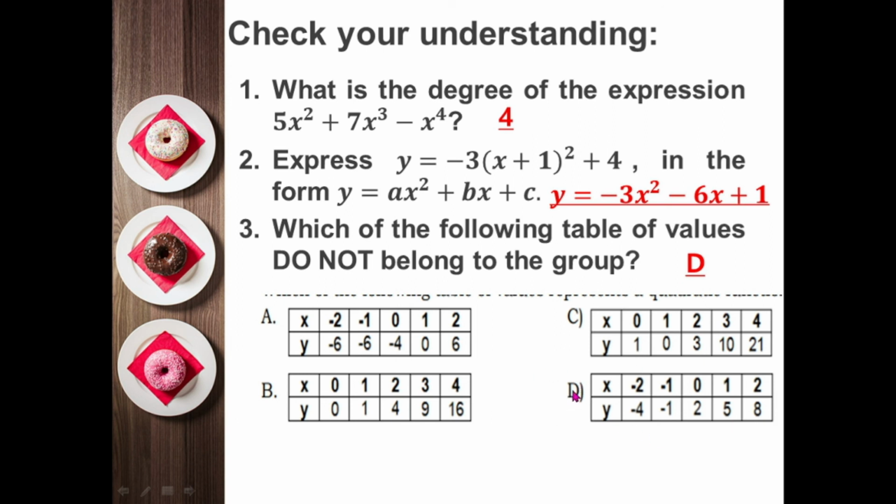Letter D does not belong to the group because it gives equal differences in y. That means D is a possible table of values for a linear function. While the three tables, most probably, belong to the table of values which represents a quadratic function.